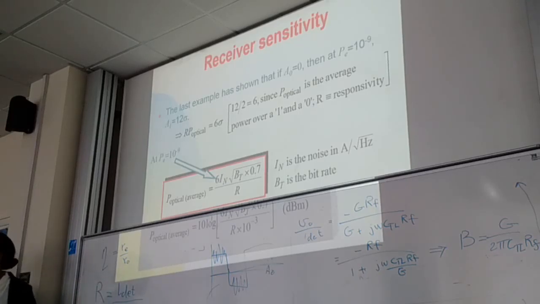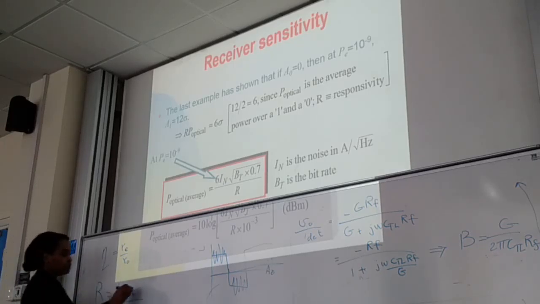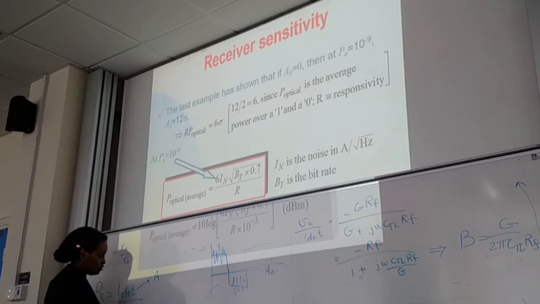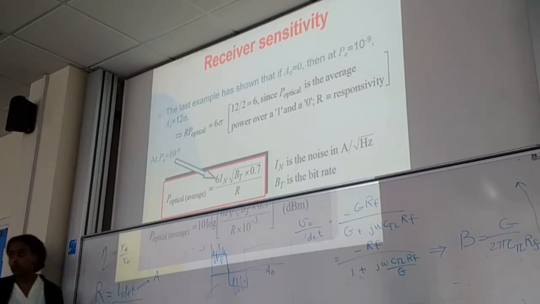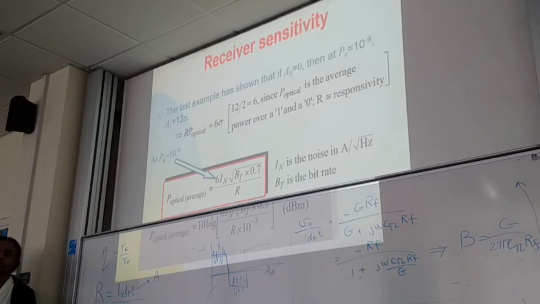Current and power. Can you see the difference? So this is amps and this is watts. So you will find in questions where they want to talk about the whole receiver, they use responsivity, while for a detector, we use quantum efficiency. Okay? Yes, so this is responsivity.